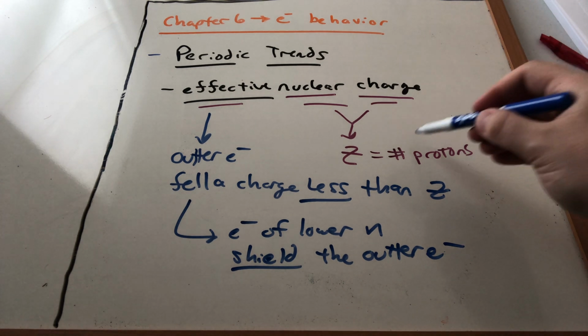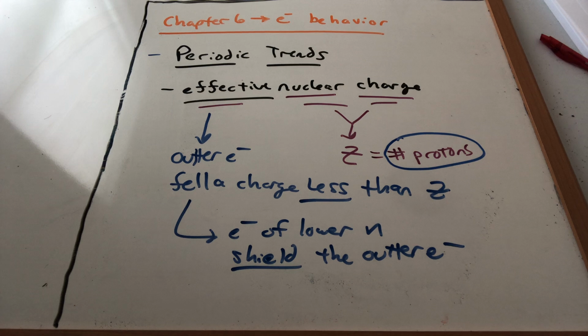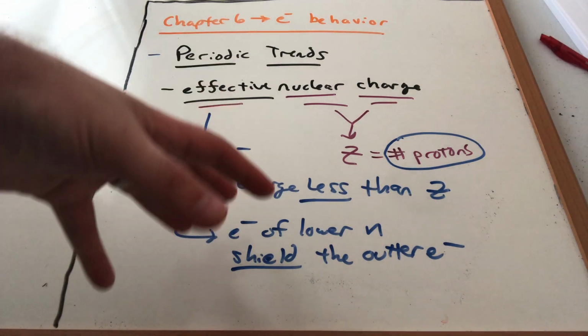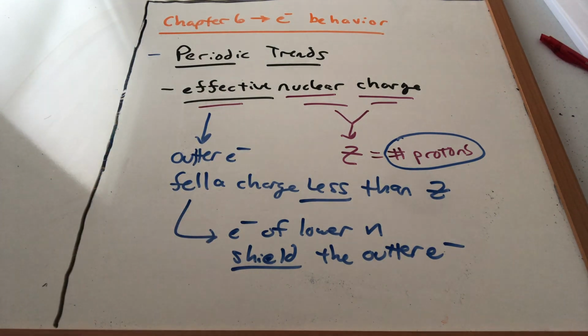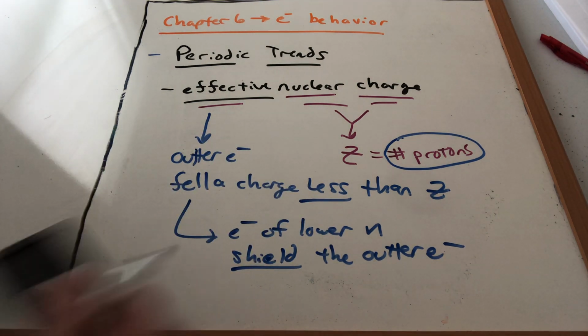So even though the number of protons tells you the total positive charge of a nucleus, when there's negative charge in the way, the outer electrons don't see that full charge. Those outer electrons see something that's less than that full charge, okay?